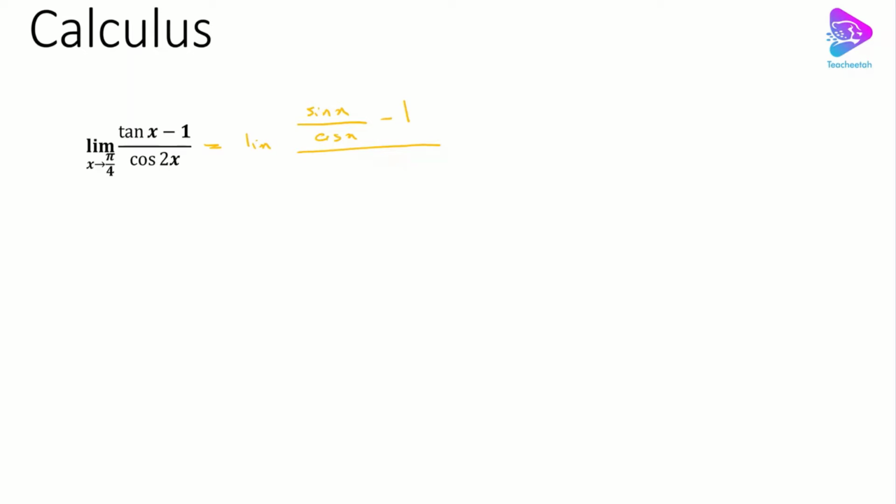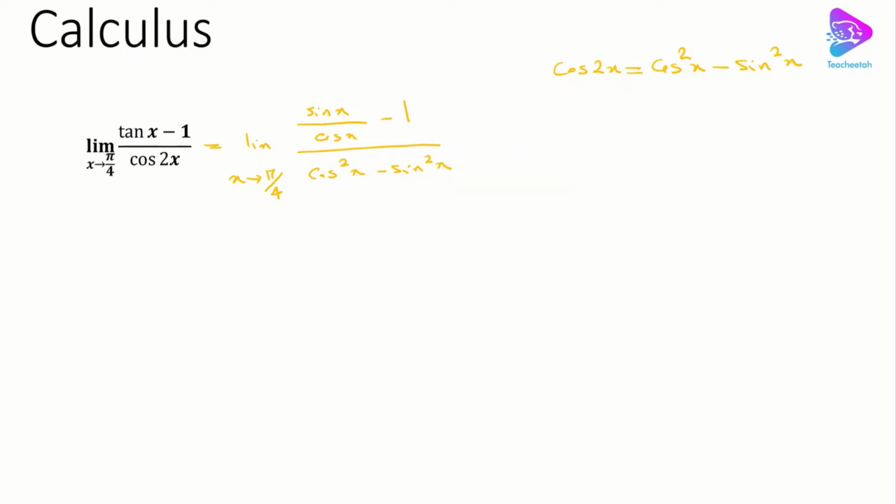What we can write for that is cos 2x is equivalent to cos squared x minus sine squared x. Now instead of cos 2x I just plug in this function, so it's going to be cos squared x minus sine squared x when x is approaching pi over 4.